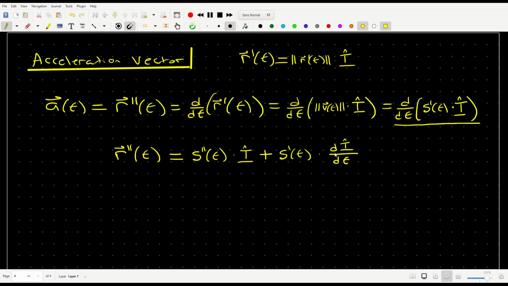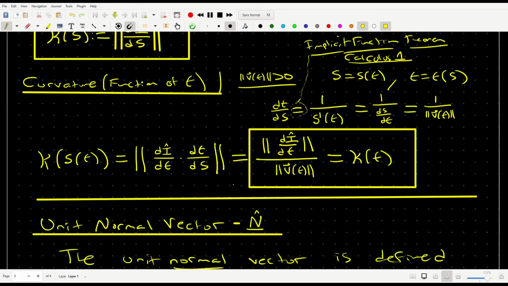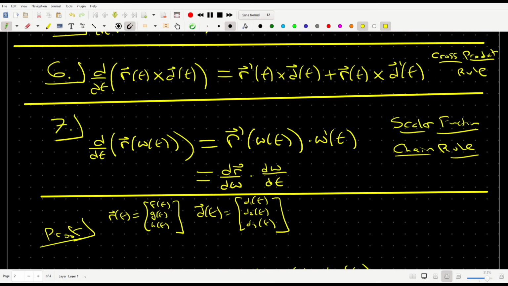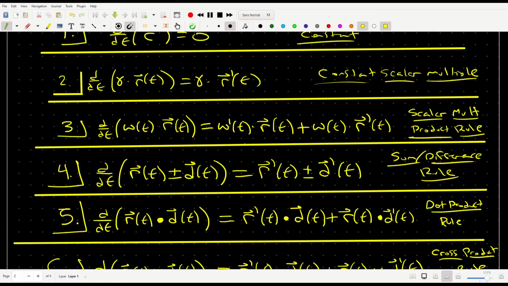This is just normal scalar multiplication, and this is product rule property 3, the scalar multiplication product rule.